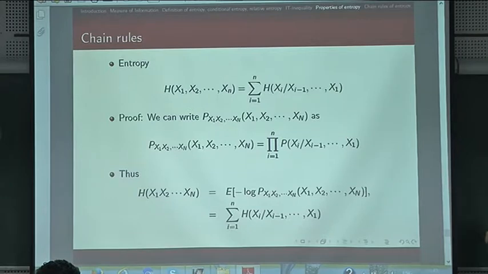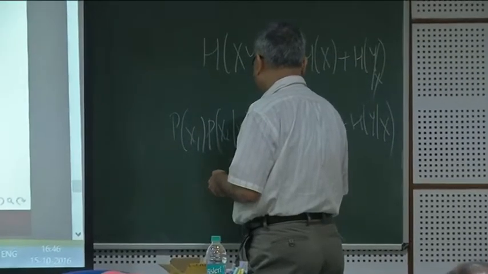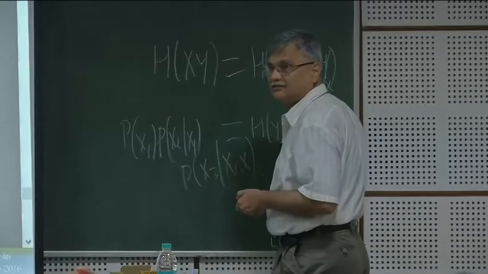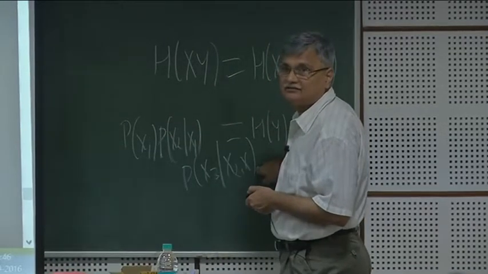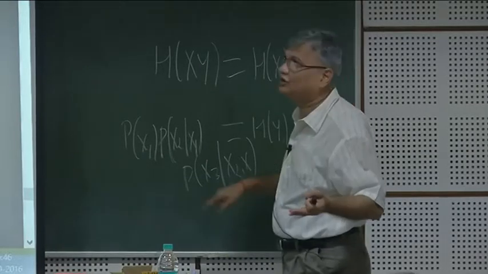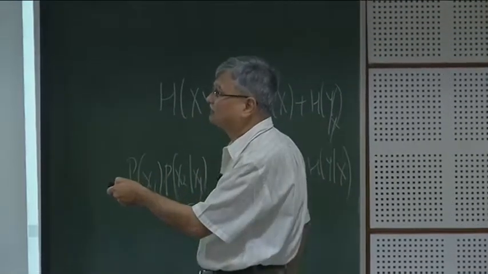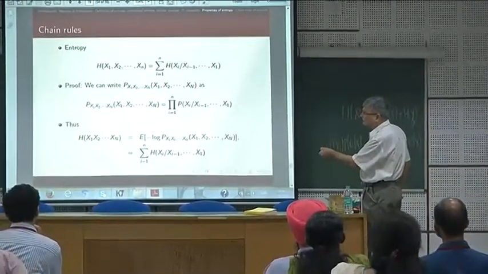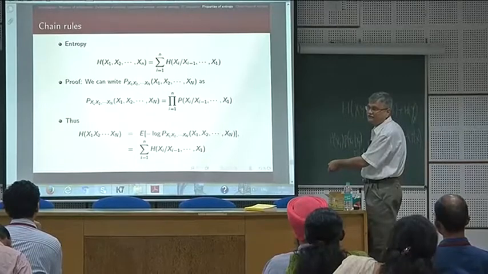So the right hand side looks like this: p(x1) into p(x2 given x1) into p(x3 given x2, x1) and so on. So what is this called? Chain rule. This is the chain rule of probability, that is why the slide heading is chain rule. So just mark this, underline this equation, and once you understand this equation, the remaining things follow.